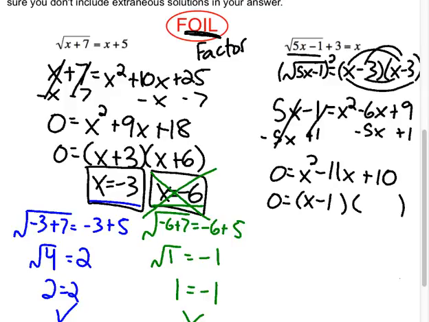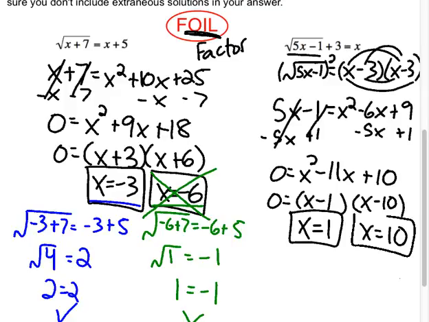That's going to be x minus 1, x minus 10. So I'm going to get my two solutions of 1 and 10. But of course, it is going to be very important that we go back and that we check it in the original context of the question.